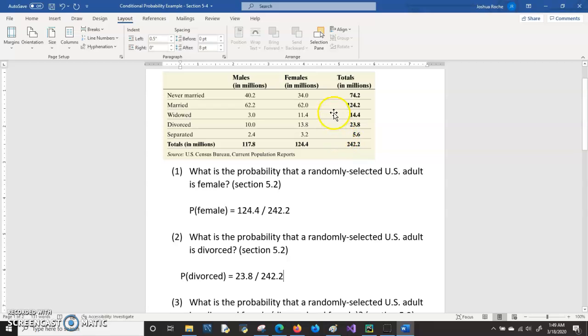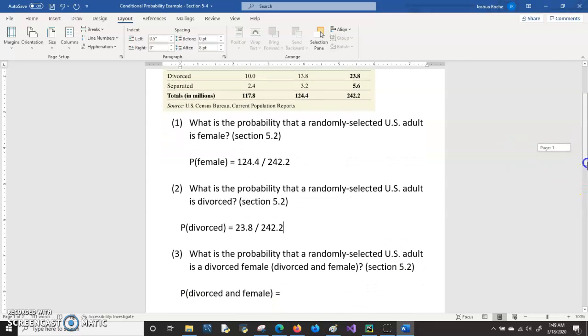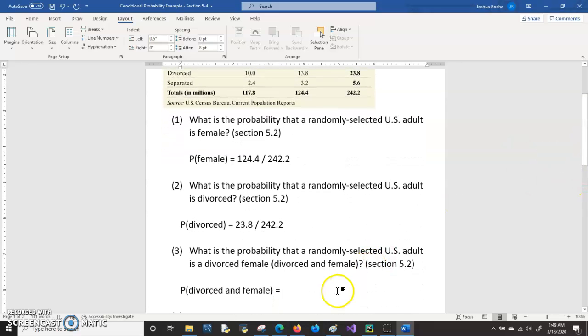But now we want to look for the number of people who are both female and divorced. So that would be 13.8 million that are female and they're divorced. So 13.8 divided by the total, 242.2.